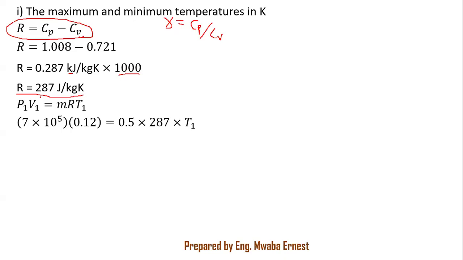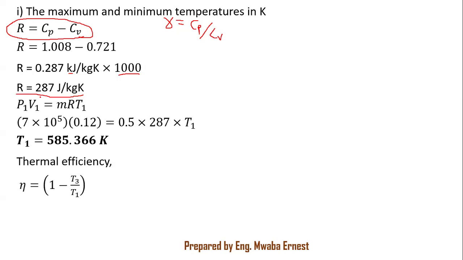V1 is 0.12, equal to our mass, 0.5, multiplied by R, which is 287, multiplied by T1. In this case, our T1, we are yet to find it. So making T1 the subject, you end up with 585.366.